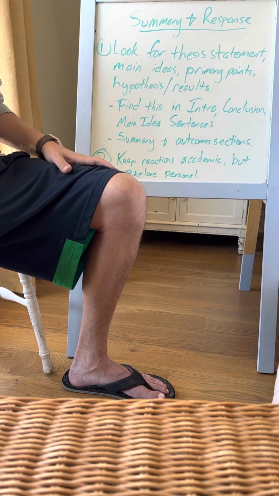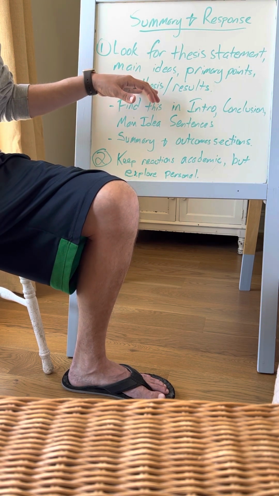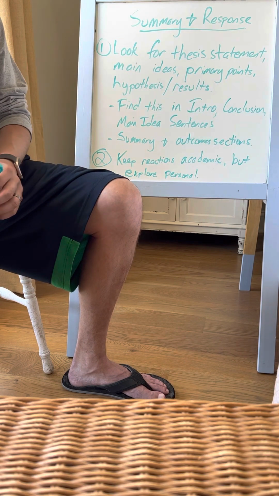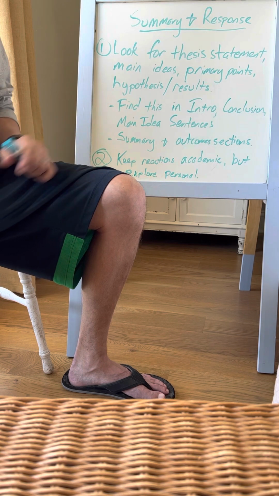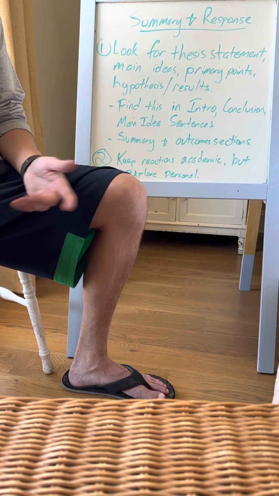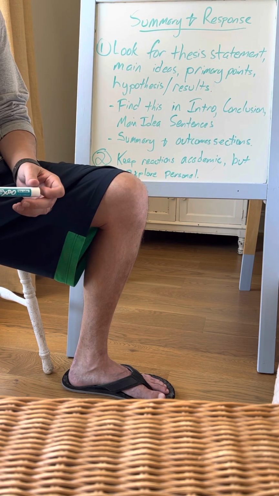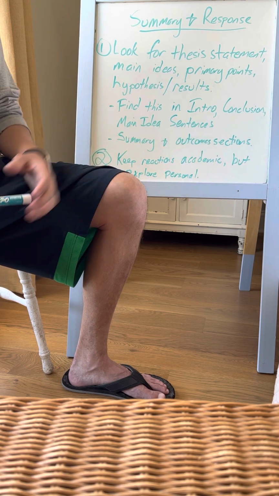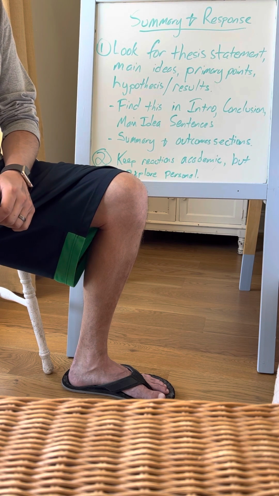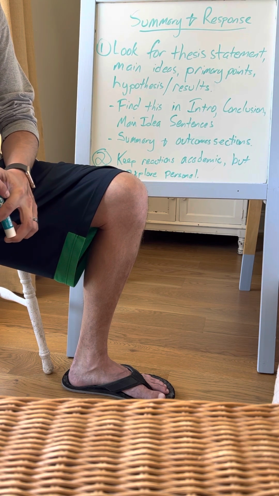If you're looking at a scientific paper and you're looking for the hypothesis and the results, then you're going to want to look for the summary, or sometimes called the hypothesis section, which is at the very beginning, and the outcomes section, which usually comes at the very end.